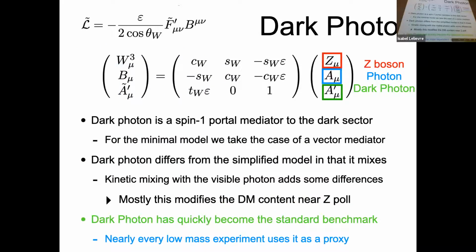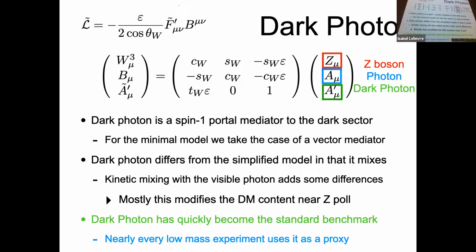And results are typically presented in the context of the dark photon. So what deviates between the spin 1 mediator and the dark photon? Well, the big thing is that this now mixes with our standard model bosons, right? The Z and the photon. And instead of writing things in GQ, we write things in terms of epsilon, right?